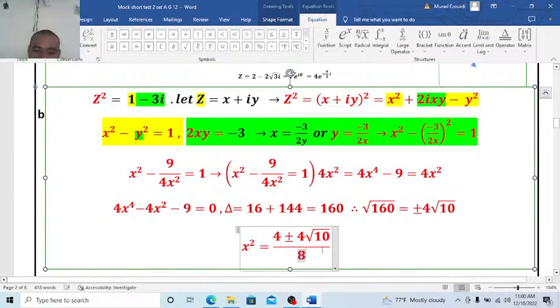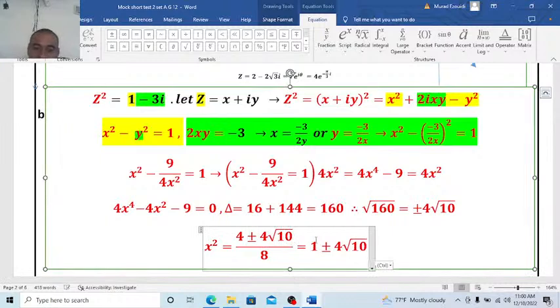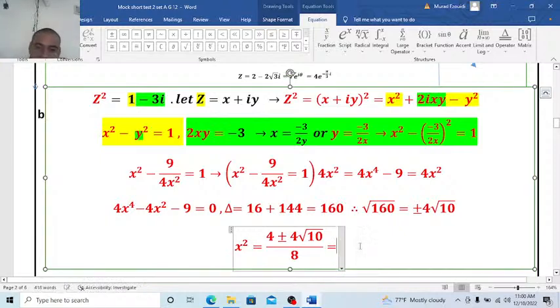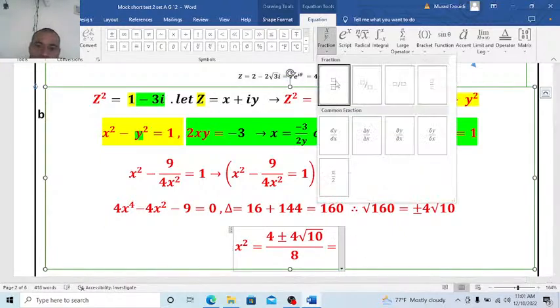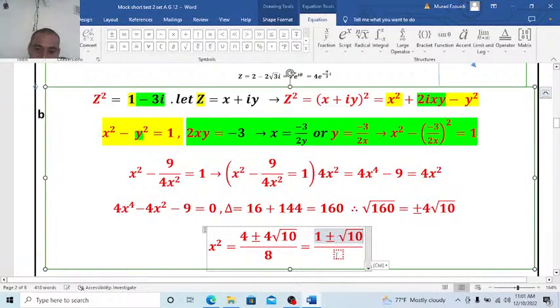I can cancel this. It will be equal, we have 1 plus or minus the square root of 10, divided by 2, because it remains 2 in the denominator.